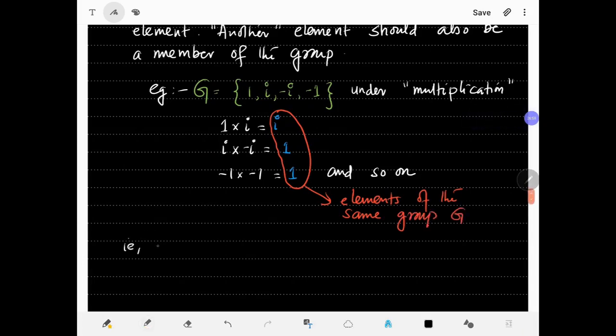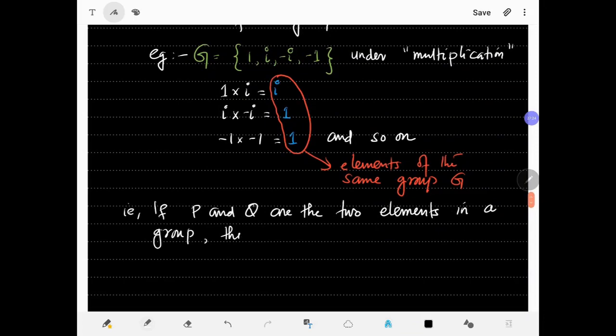So this rule says, if P and Q are the 2 elements in a group, then the combined operation represented by PQ should also be an element in the group.